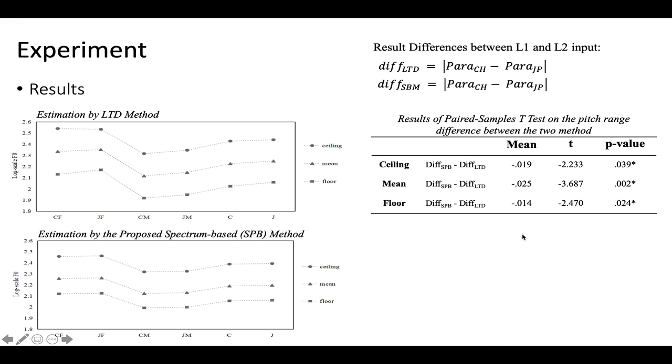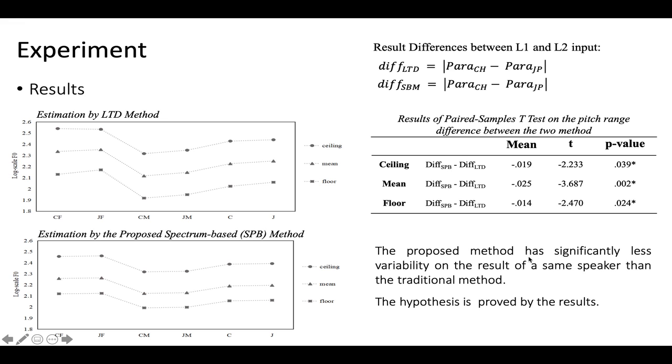So we can conclude that the proposed method has significantly less variability on the results of the same speaker than the traditional method. That is to say, the results have proved the hypothesis we mentioned before.